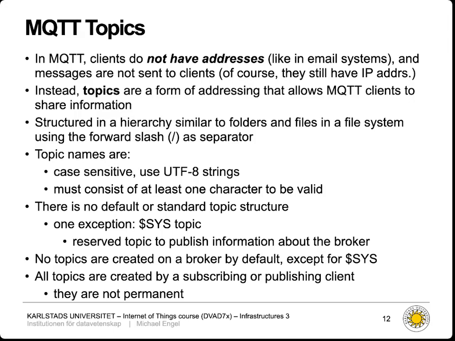And a topic can be something like we've said, it's football news, it's baseball news, it's politics news, but maybe only for a certain country and so on. And this can be mapped to IoT topics. So topics are a form of addressing which is not specific to clients, but which is specific to the semantics of the information. And that allows the MQTT clients to share information.